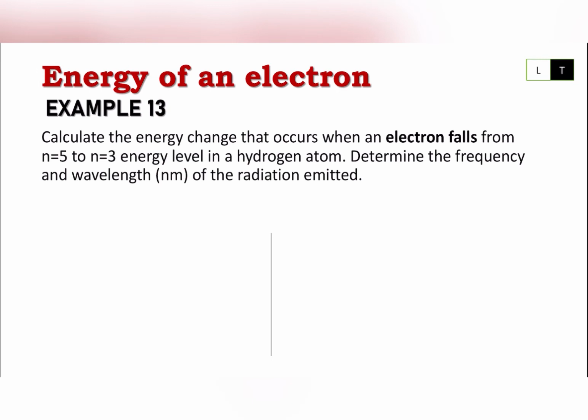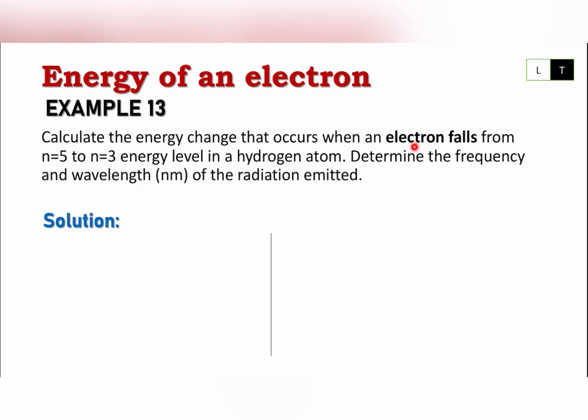Now let's try one example where I want you to calculate the energy change that occurs when an electron falls from n equals 5 to n equals 3 energy level in a hydrogen atom. You have to determine the frequency and wavelength in nanometer of the radiation emitted. Let's take out a few pieces of information for this solution.